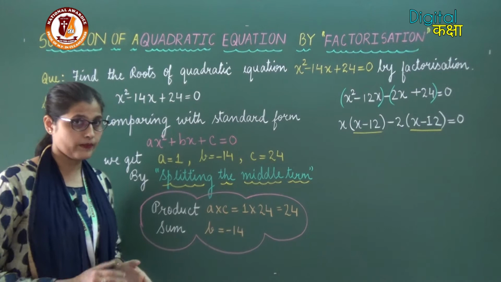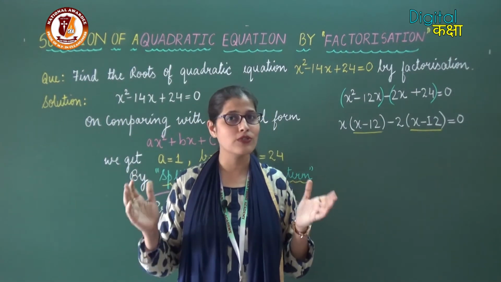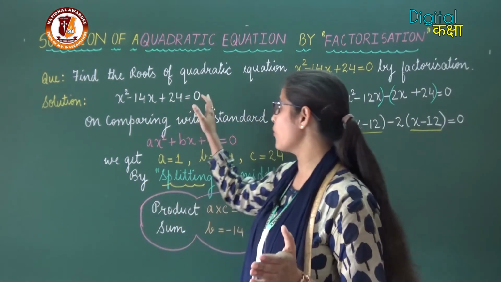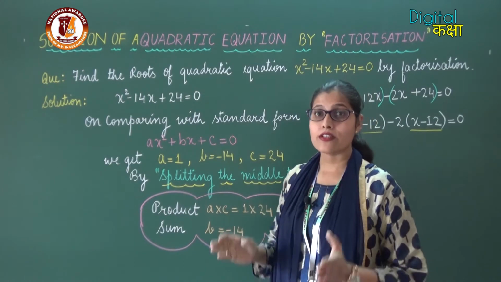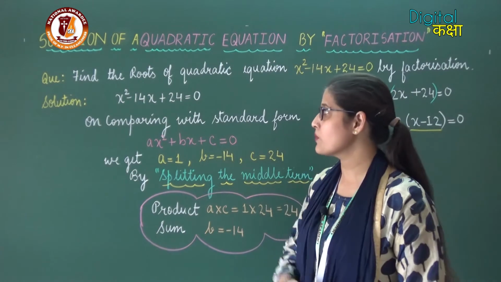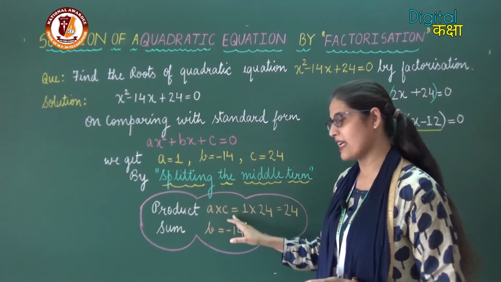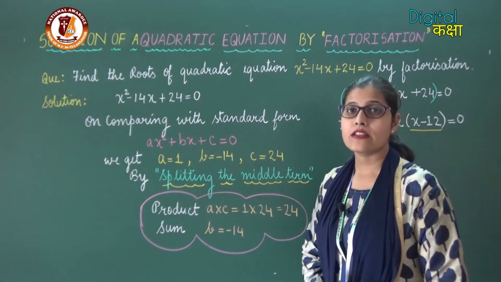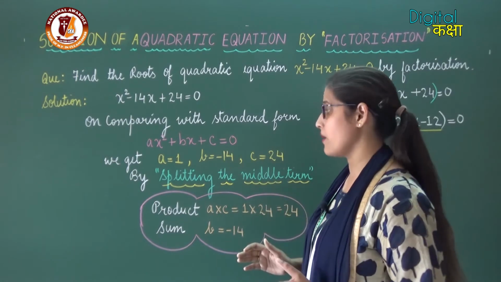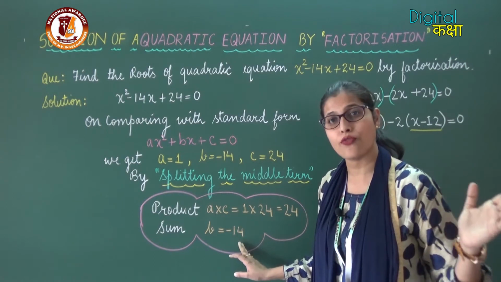So now we have to think about the two factors of the number 24 such that the product of those two factors should be equal to 24, which is the product of a and c, and the sum should be equal to the middle term, which is the value of b, equal to minus 14.